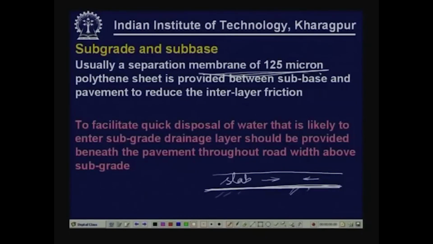But by doing this, if there is a dry lean concrete base placed over the subgrade, nowadays a dry lean concrete base is recommended, and over the dry lean concrete base the concrete slab is placed. So, the dry lean concrete base or subbase also has significant strength. When the concrete slab is roughly bonded with the dry lean concrete base, it can mobilize more strength out of the DLC, and that can reduce the overall wheel load stresses.